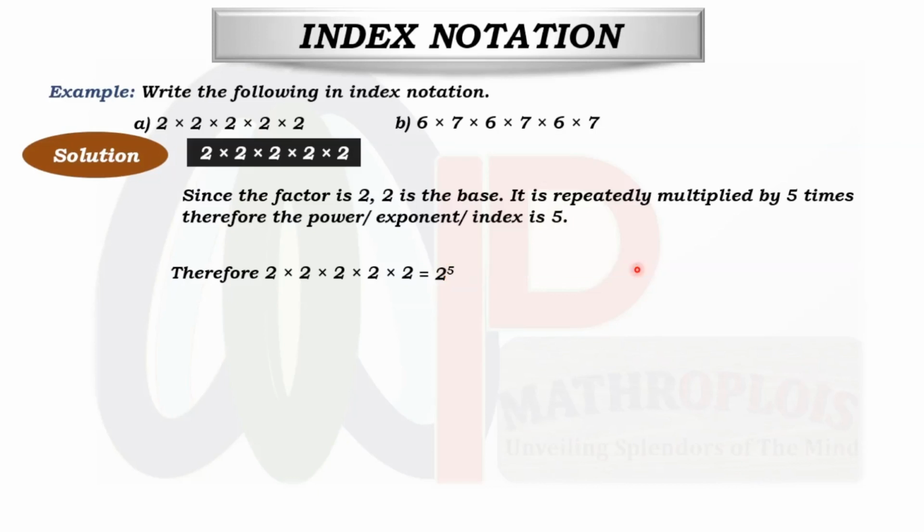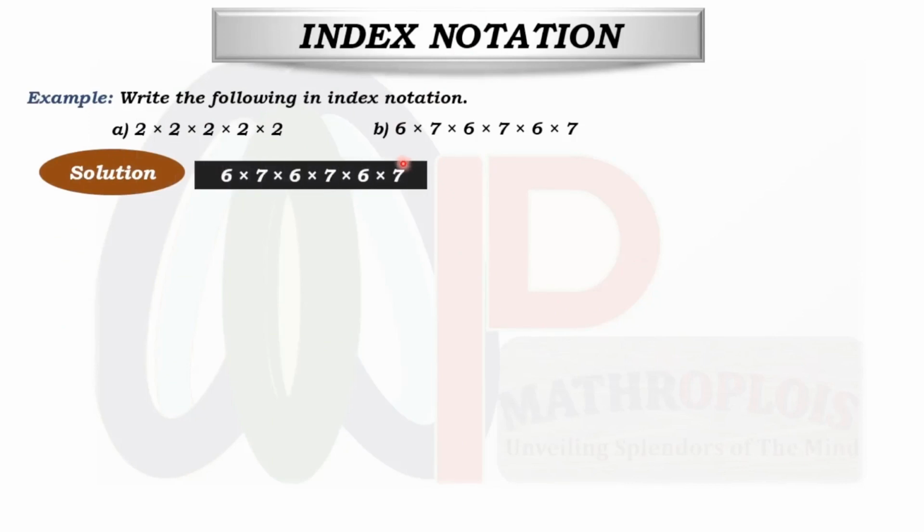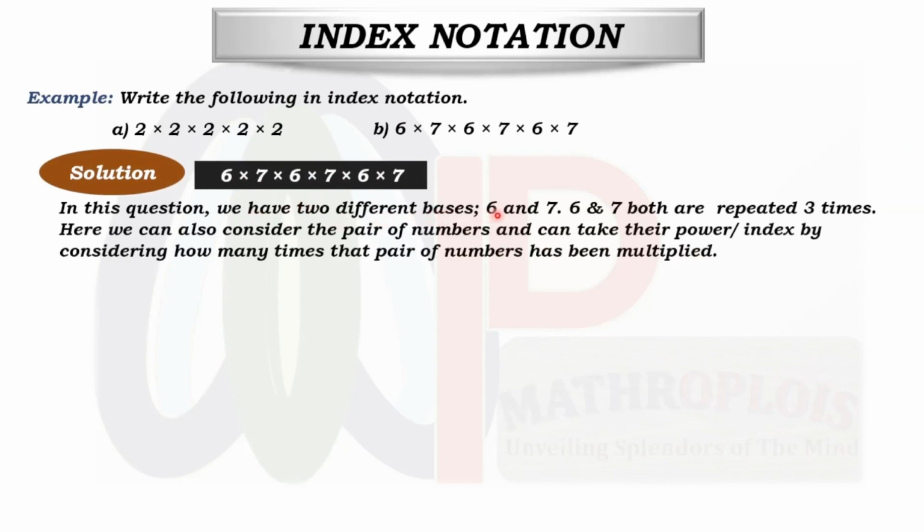Next part is 6 multiplied by 7, multiplied by 6 multiplied by 7, multiplied by 6 multiplied by 7. In this question, we have two different bases, 6 and 7. Both are repeated 3 times.